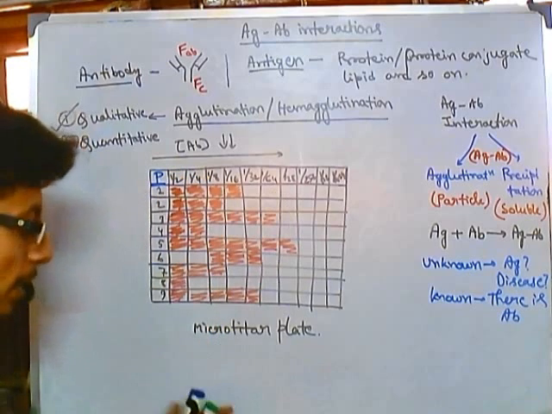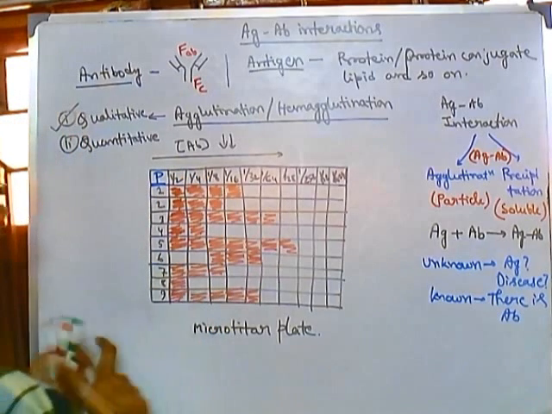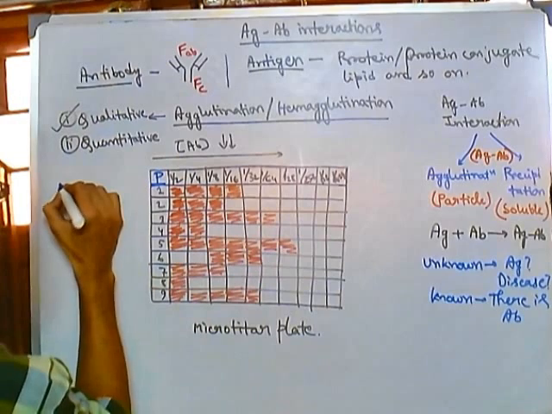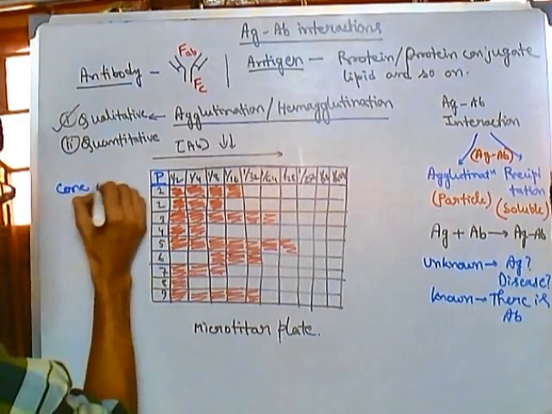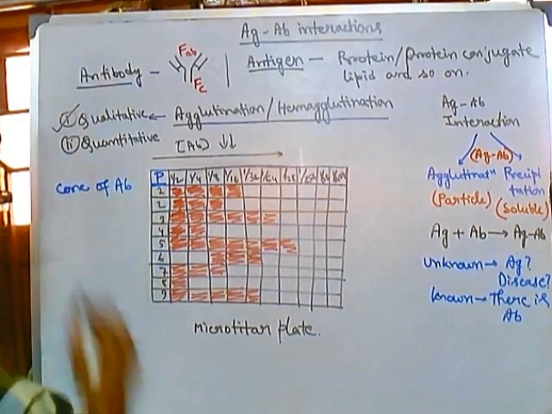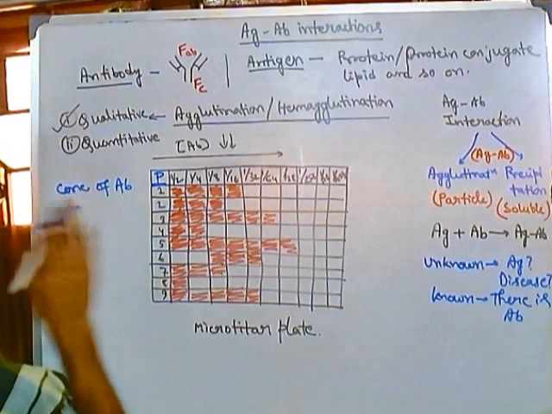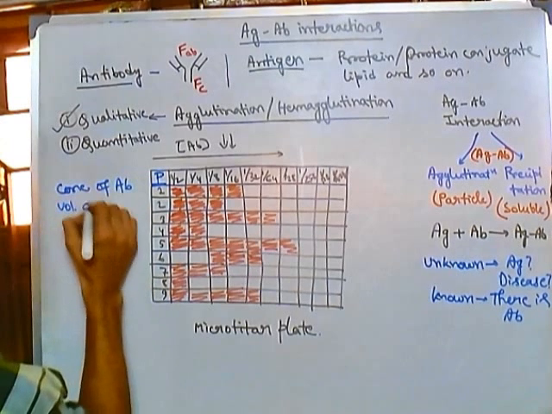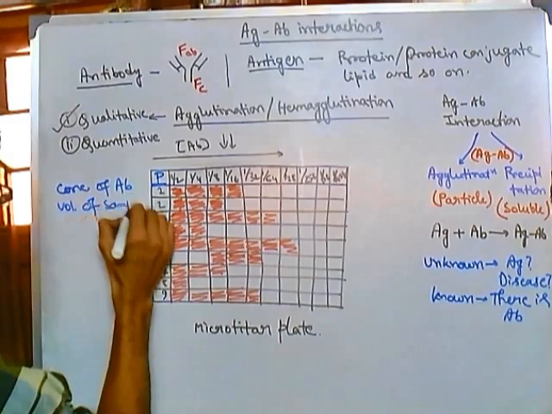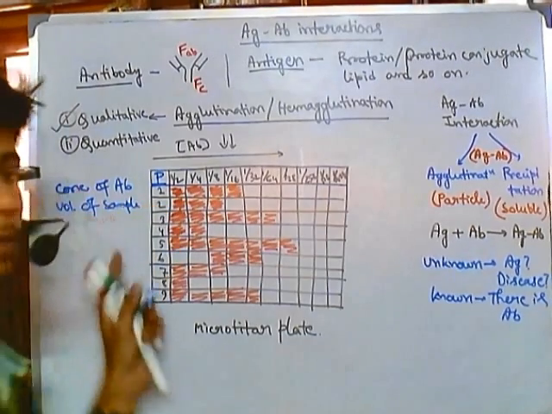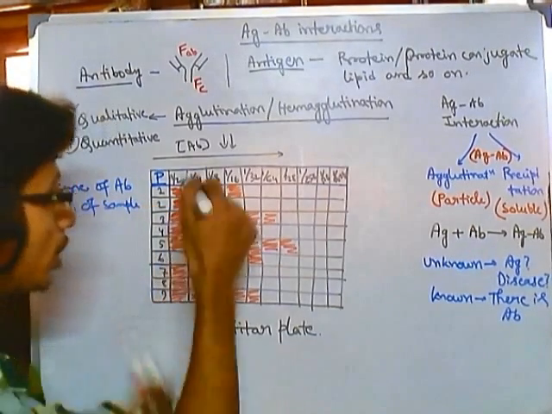And obviously we are making two things constant. One is the concentration of antibody, and obviously the volume of blood, the volume of sample. We are providing both these things in equal amounts for all the patients.